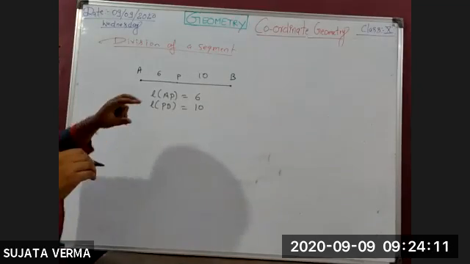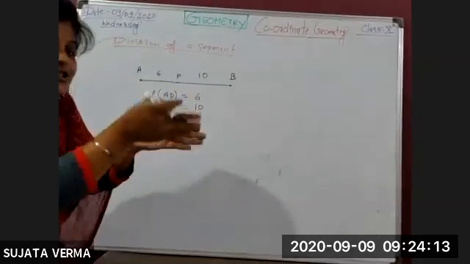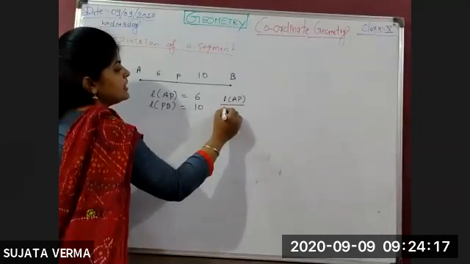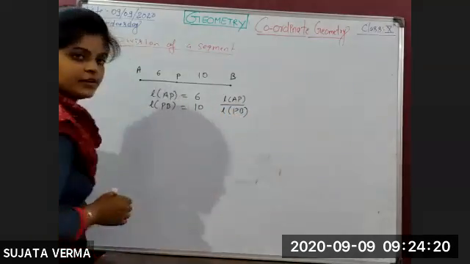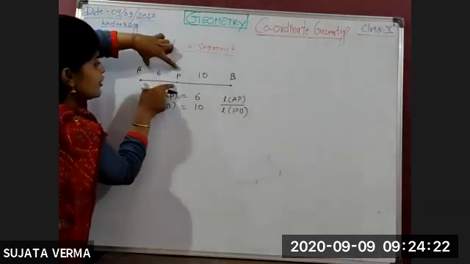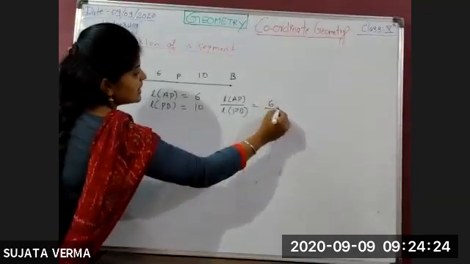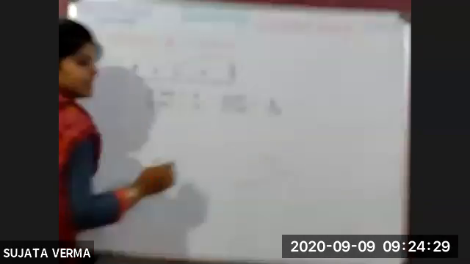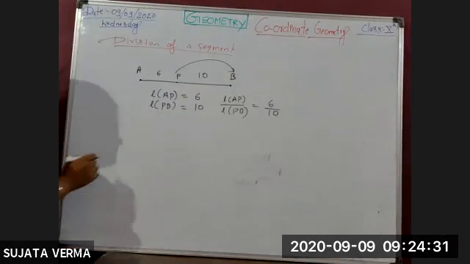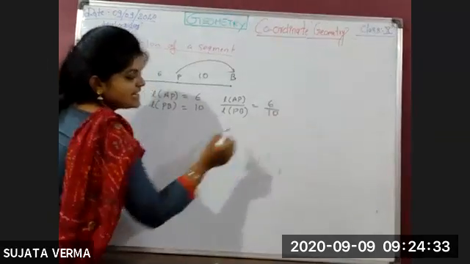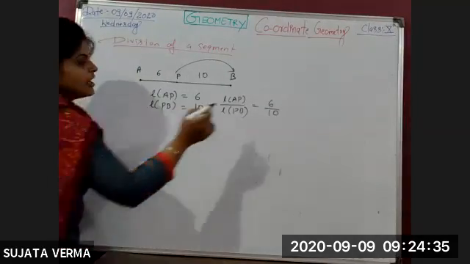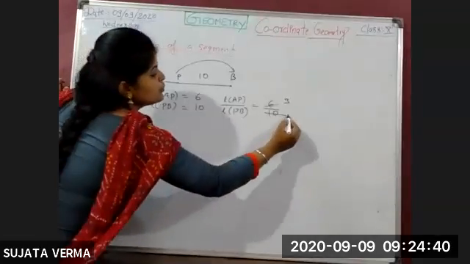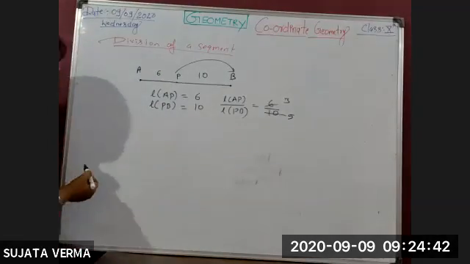Clear? Now, when we take the ratio, meaning length of AP upon length of BP, what we have to write? Length of AP is equal to 6 and length of BP is equal to 10. Clear? Now check. These 6 and 10 are divisible by 2. Then 2 3s are 6 and 2 5s are 10. What we get?